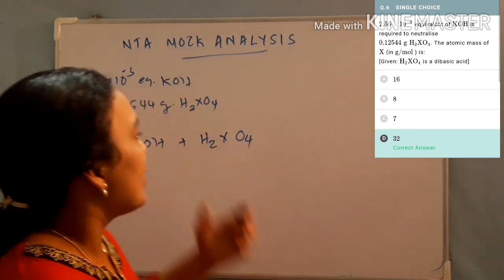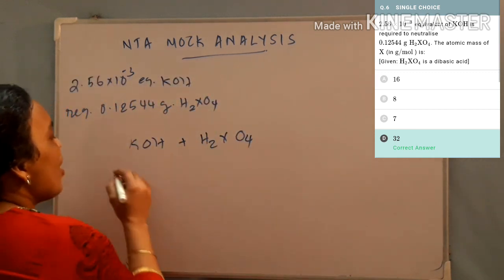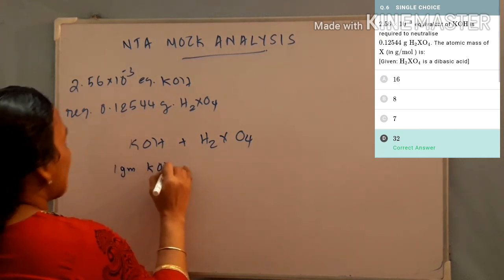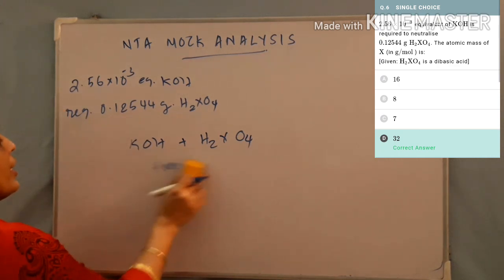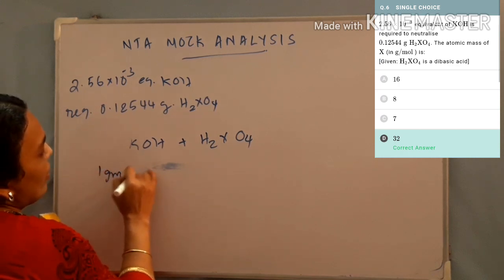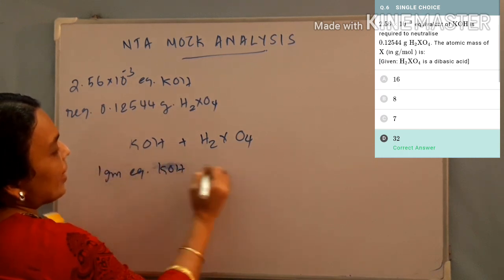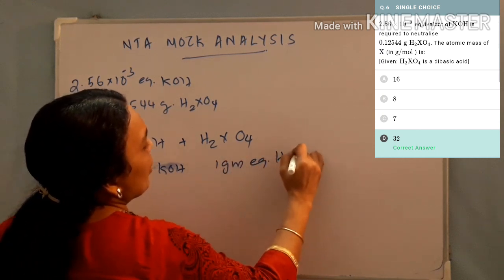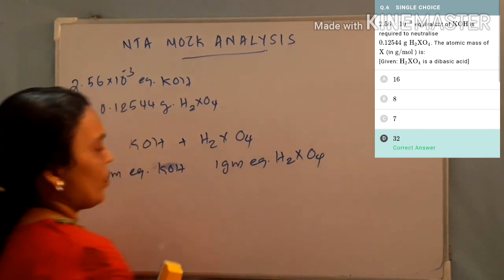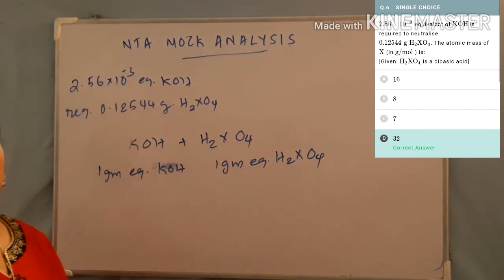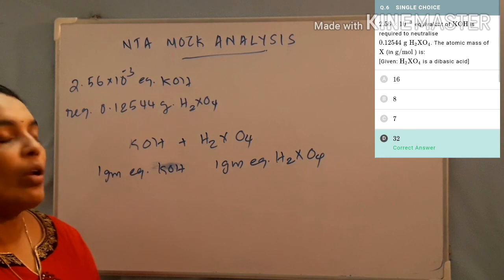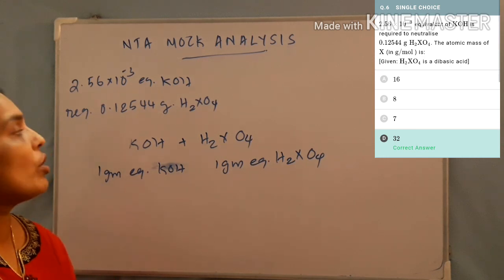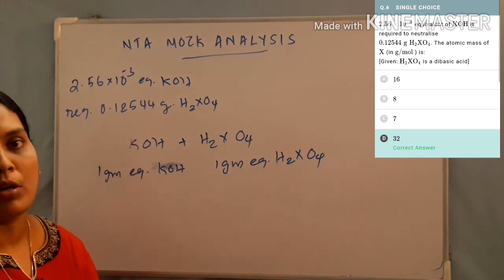So 1 gram equivalent of KOH is reacting with 1 gram equivalent of H2XO4. That is how we can identify it, according to the question.